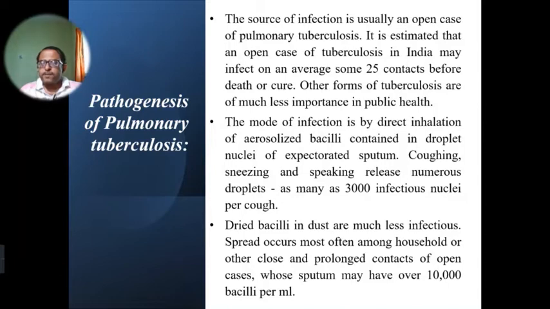They remain in the houses. Then in the house, that person acts as an open case, and it is possible that from that person, the infection may be transferred to the other persons in that house.